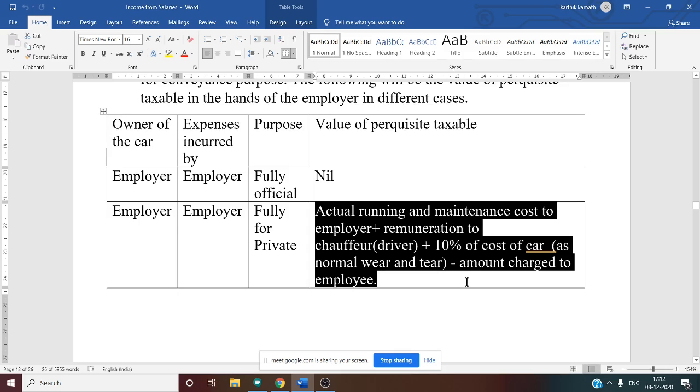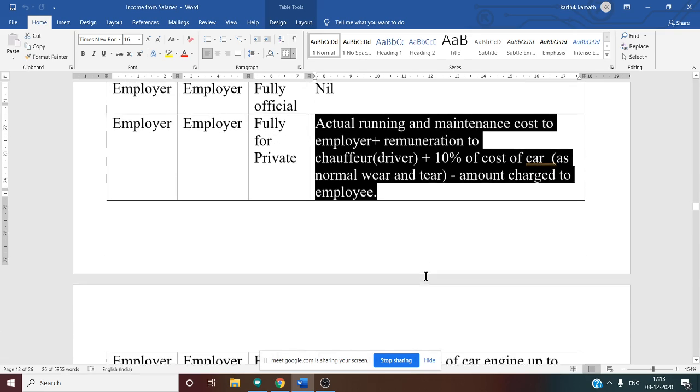Because every year there may be some normal wear and tear for the car. That is why you have to take 10% of the cost of the car. Suppose the cost of the car is 5 lakh, you have to take 10% of 5 lakh. Minus any amount recovered or charged to the employee, that you have to deduct. So that is the treatment when the car is used only for private purpose.